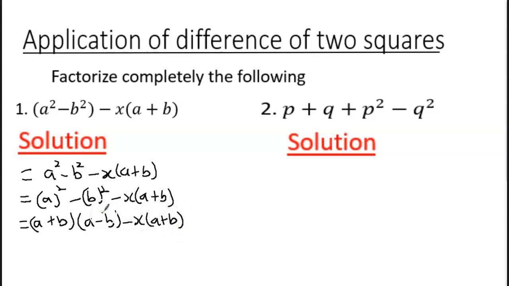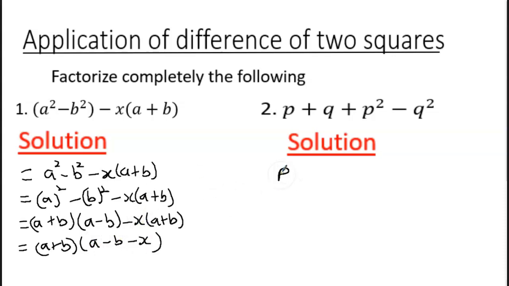Don't forget that we have been asked to factorize. So let's check. A plus b is a term, and a plus b is also found here. So we can bring a plus b out, which is common. Now when you bring a plus b out, we are left with a minus b minus x.